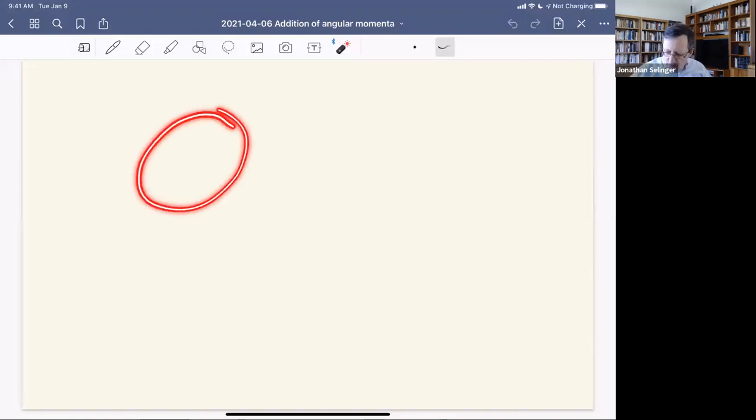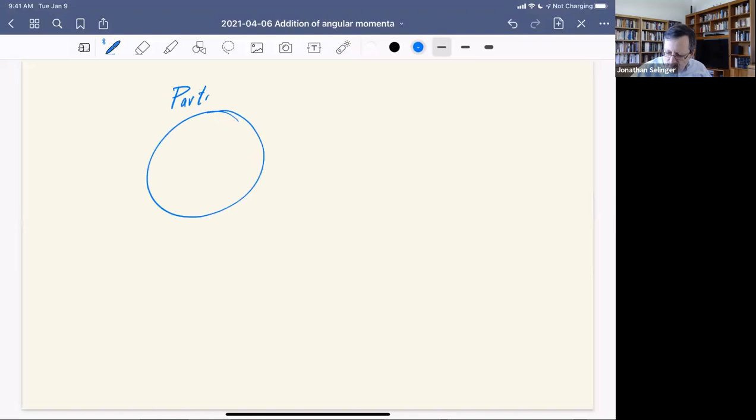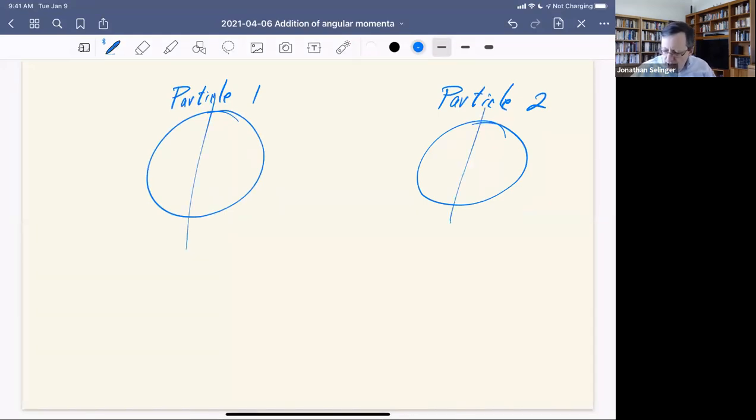Here, this is meant to be one particle, particle one, and here's particle two. And they each have some spin about their axis. And so this is in a spin state of S1, M1.